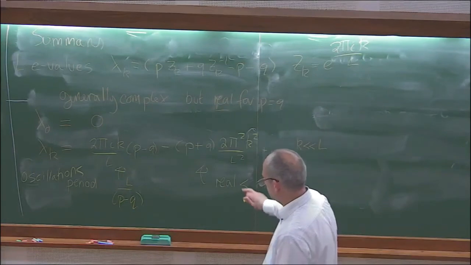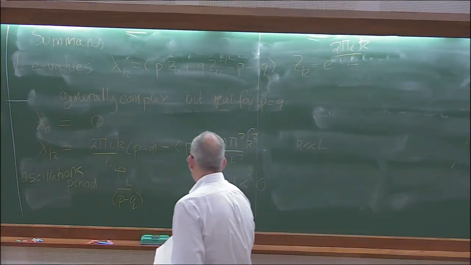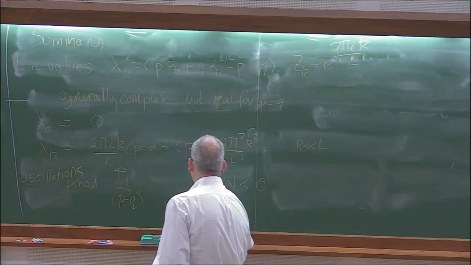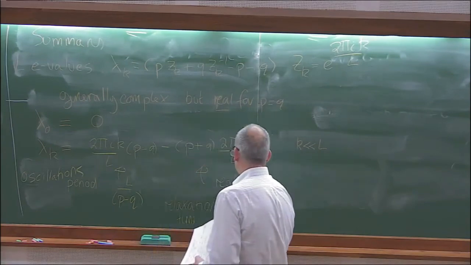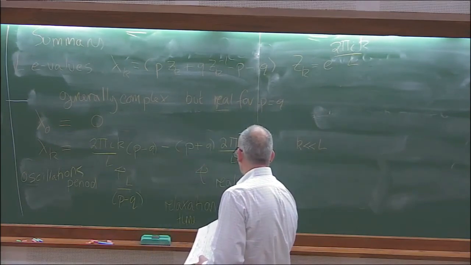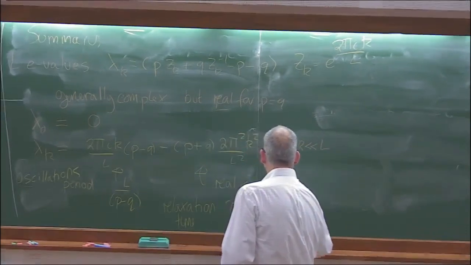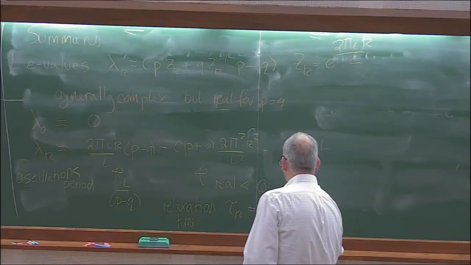So the important thing is that this is real, and the time it takes to relax is, let's call it tau, or tau k, and we'll define it as 1 over the magnitude of the real part of lambda k.